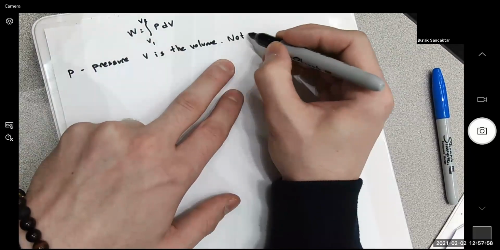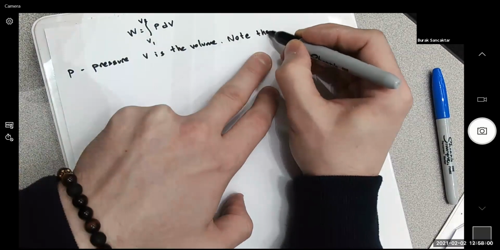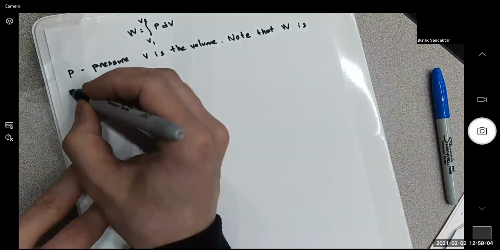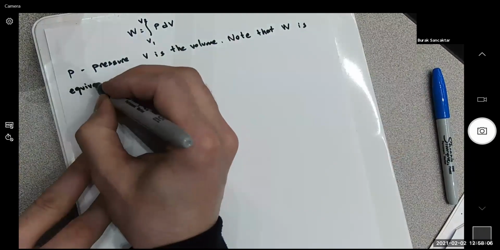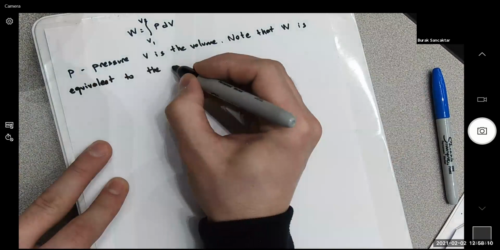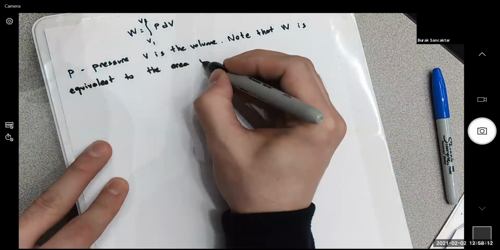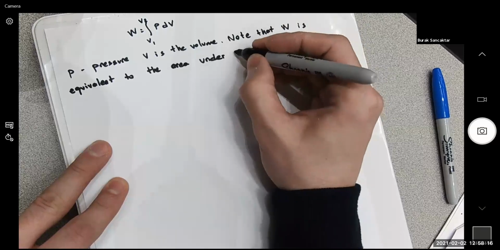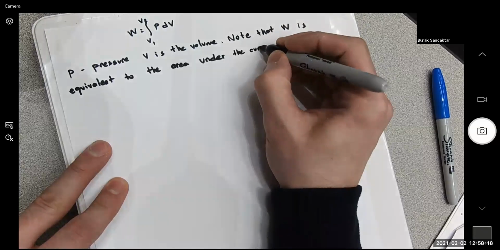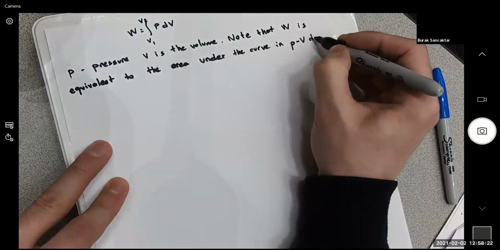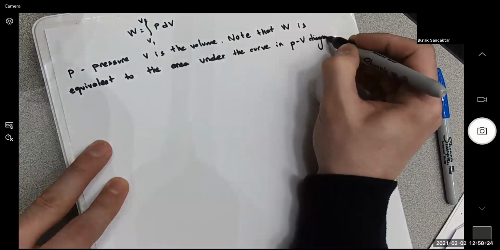Note that work W is equivalent to the area under the curve in a PV diagram.